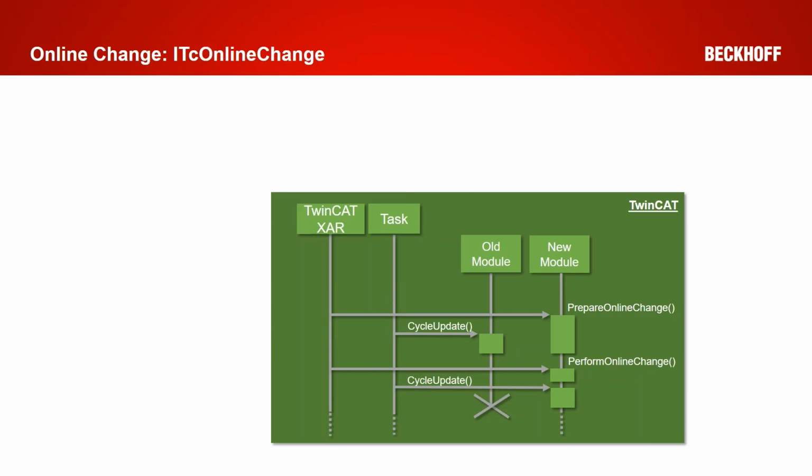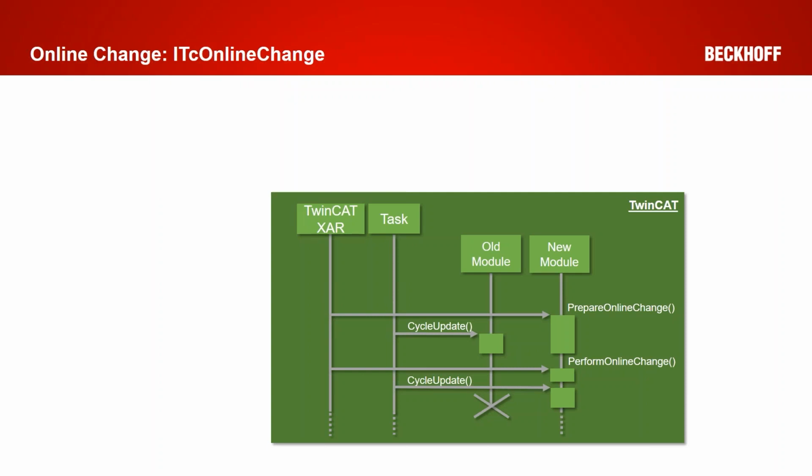And that's the reason we have PerformOnlineChange. So after a maybe long-running PrepareOnlineChange, we have the hot phase of the online change, the PerformOnlineChange. And this code is also provided by you if you would like to.